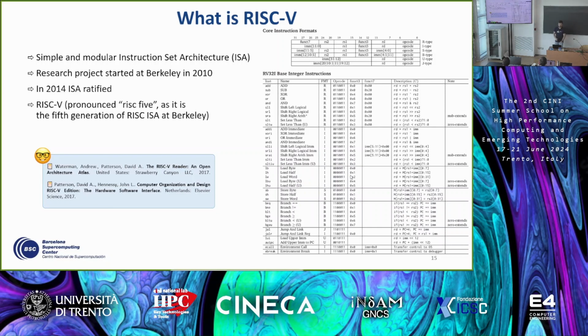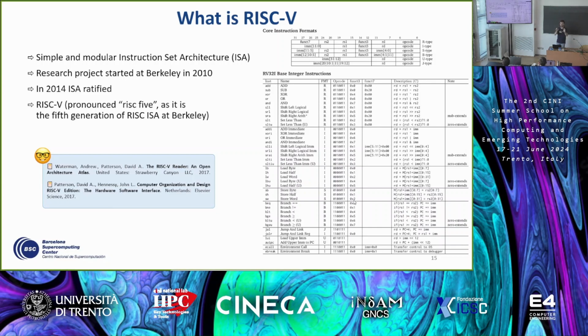Here you have the format of your instructions, and here you have the encoding. So if you are familiar with Verilog or VHDL or one of these languages, you can sit down, type your own decoding unit, floating point unit, and so on, and you can write your own CPU.